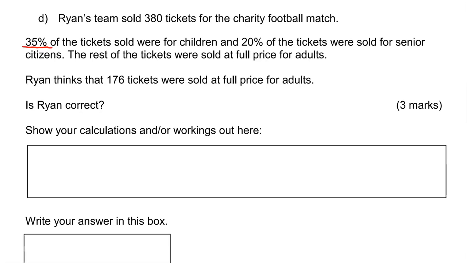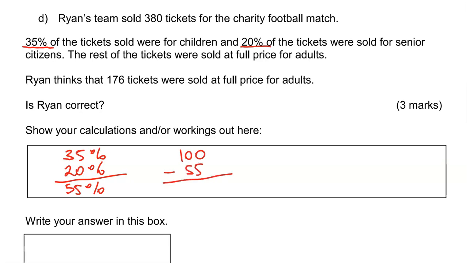So 35% of the tickets for children and 20% for senior citizens. That is 55% of the tickets. Now the rest, that will be 100 take away 55%, that gives us 45%.